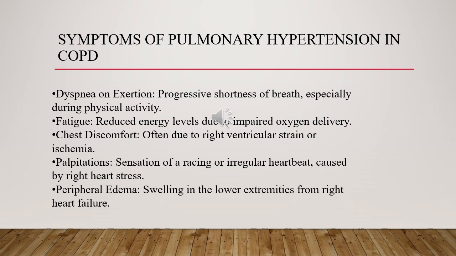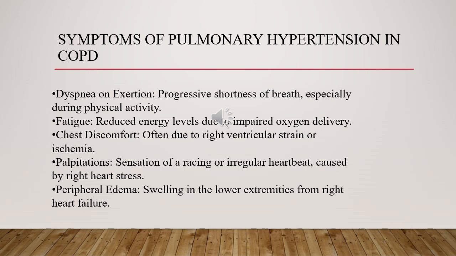Patients may also experience chest discomfort, typically described as tightness or pressure, which can be a result of right ventricular strain from the elevated afterload. Palpitations or irregular heartbeats may occur as the right heart struggles to adapt to the increased pressure demands.